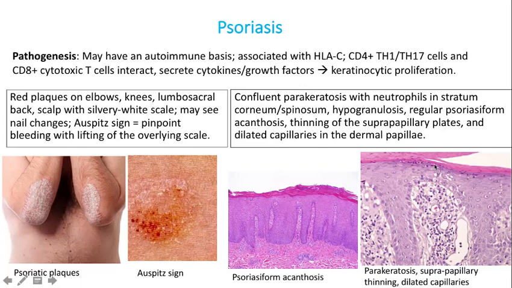And underneath that, in the dermal papilla, you often get dilated blood vessels. The reason I'm pointing these out is this is what really accounts for the Auspitz sign that you see clinically. If you lift off the scale, because there is thinning of the stratum spinosum beneath it, you get to see the little bits of bleeding from these dilated vessels.